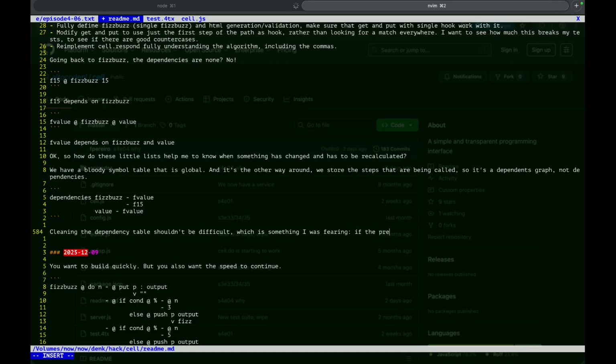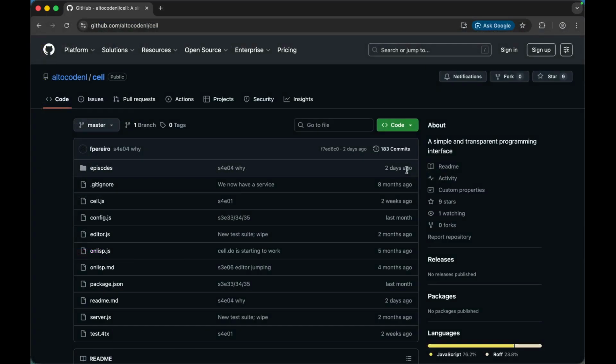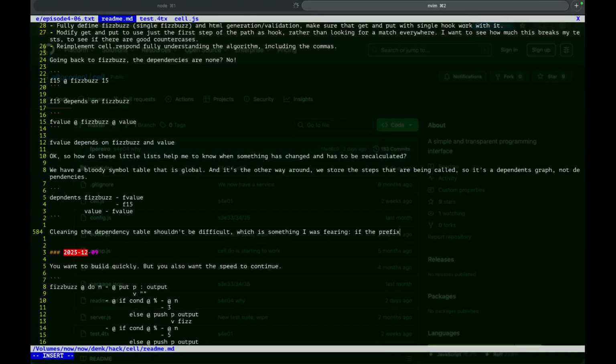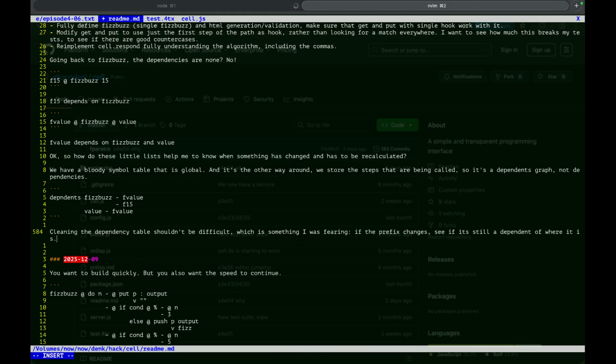If the prefix changes, see if it's still a dependent of where it is, but how do you quickly look that up?